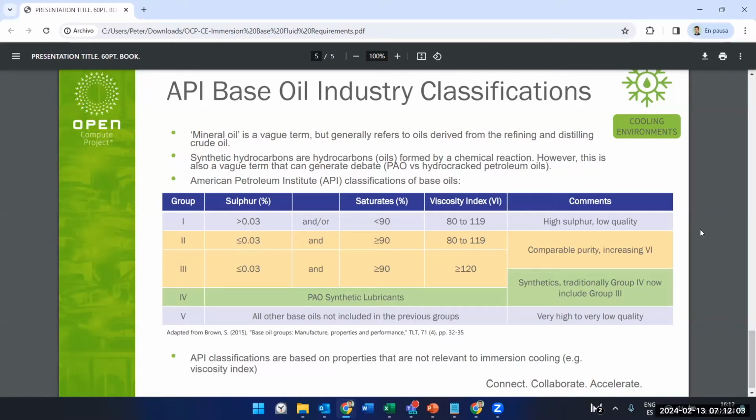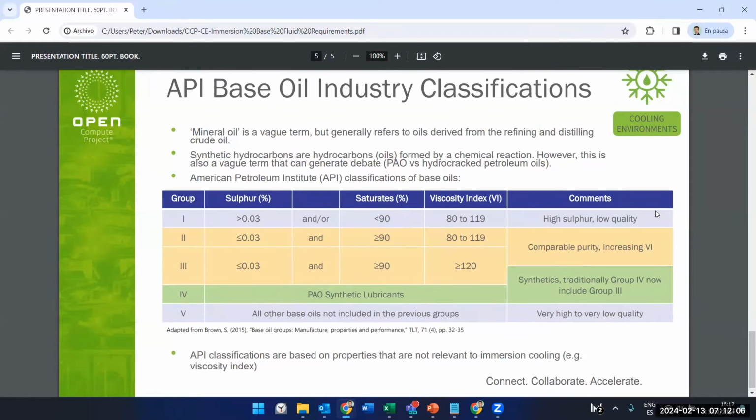Mineral oil is a fairly vague term, but in this context we're referring to oils derived from refining and distilling crude oil. Synthetic hydrocarbons are hydrocarbons or oils, technically speaking, formed by chemical reaction. However, for those of you who are familiar, it can also be a vague term, which generates debate between things like PAO versus hydrocracked petroleum oils or GTLs, right?